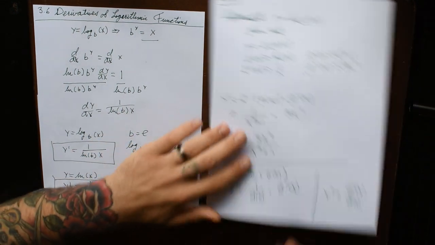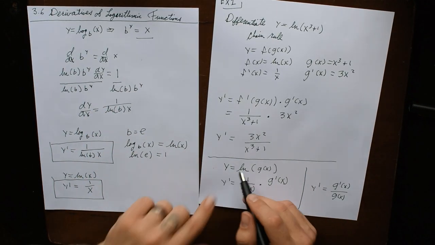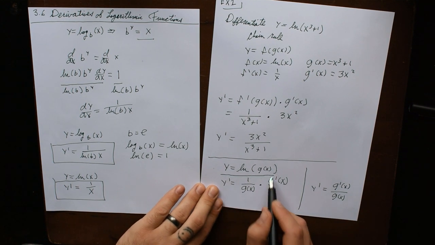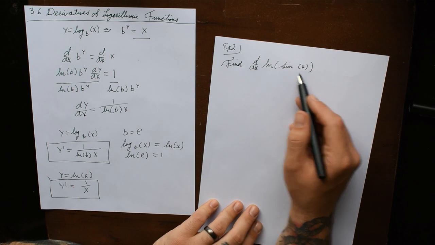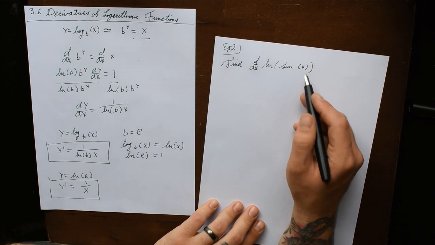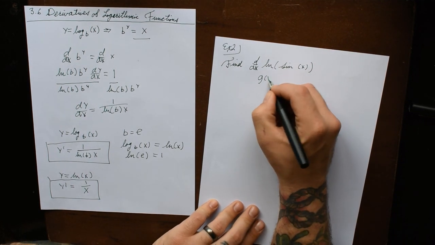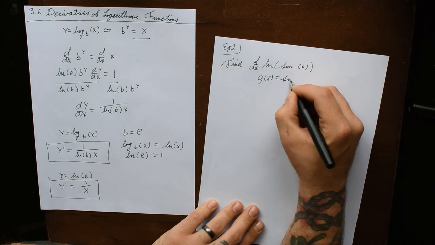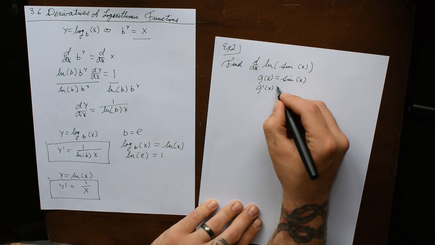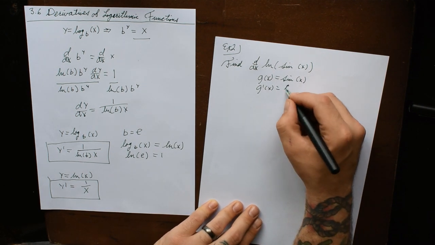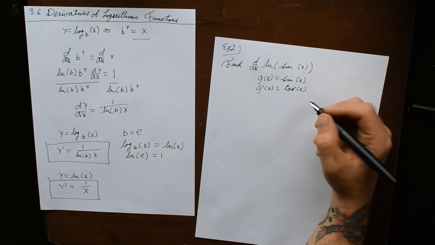So what we have is something of this form: y equals the natural log of g of x. We have y equals the natural log of sine of x. So we get g of x is equal to the sine of x, and g prime of x is the derivative of sine of x, which is cosine of x.